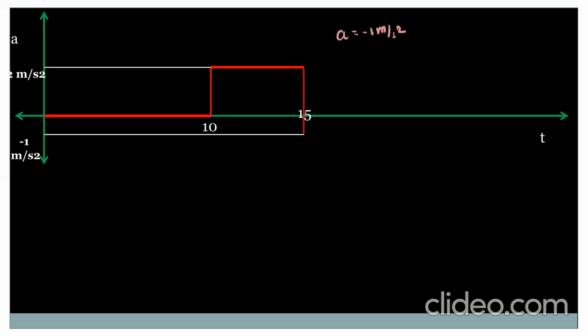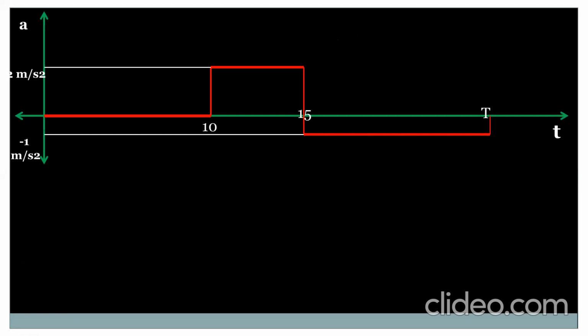And it remains constant for the remaining time. So this time is taken as capital T. Okay. So at capital T, the particle's velocity will become 0.